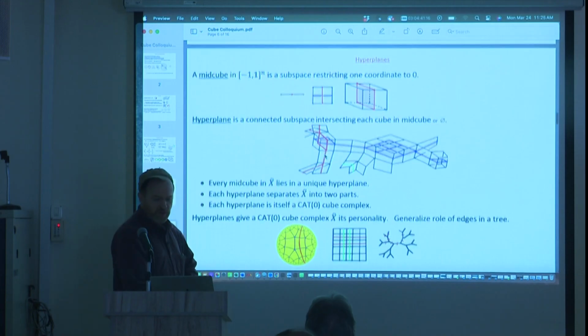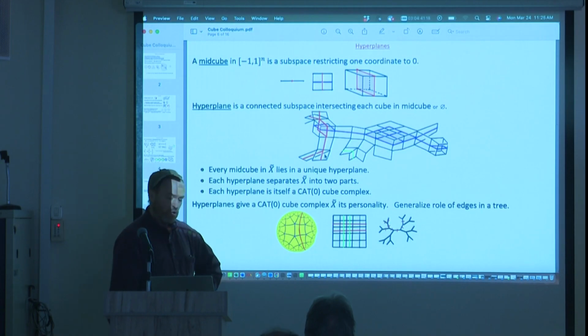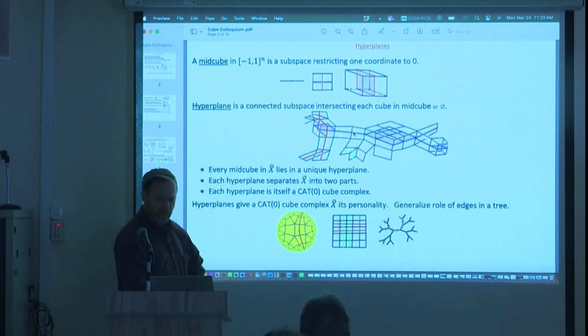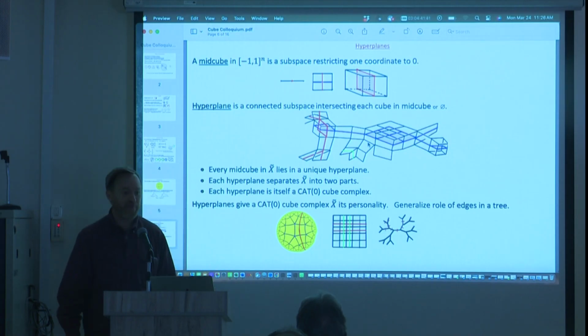And the crucial point over here, let me emphasize more. I think what you should be doing now is imagining starting someplace, like right over here. You start in this mid-cube right here, and then just follow your eyes and say, according to the rules, how you have to continue in order to get a hyperplane.